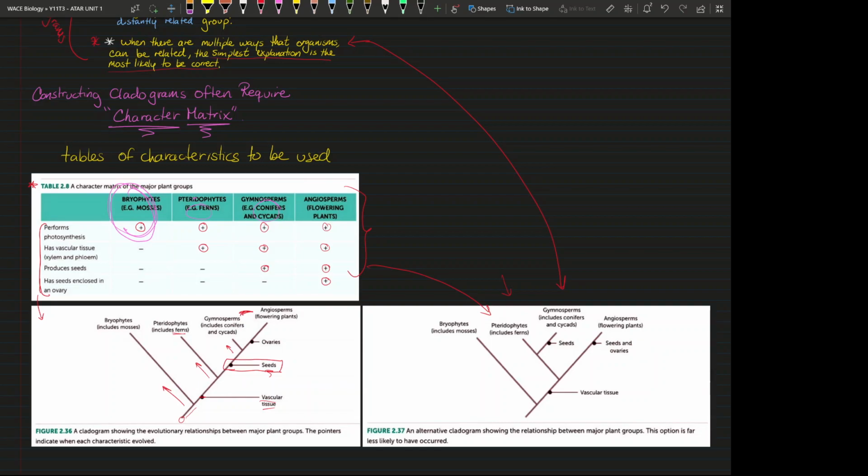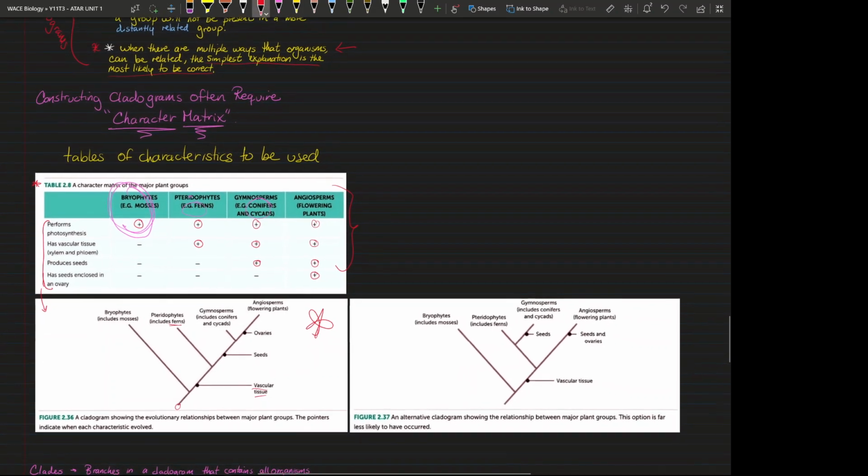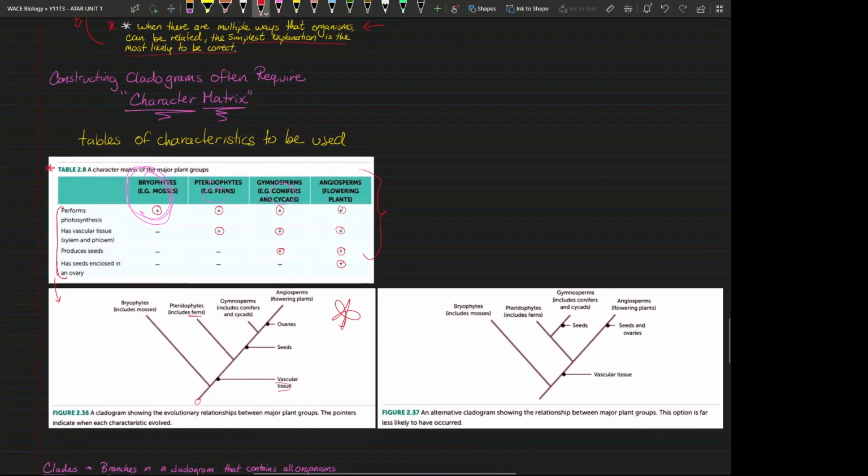When there are multiple ways that organisms can be related, the simplest explanation is the best, basically. And in this case, while the same information is present here, this cladogram is the simplest and most accurate there. Okay, that's what number 3 is trying to refer to.